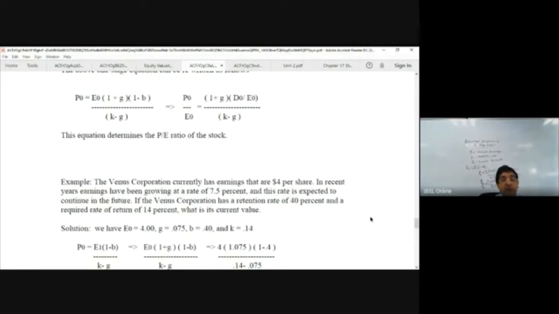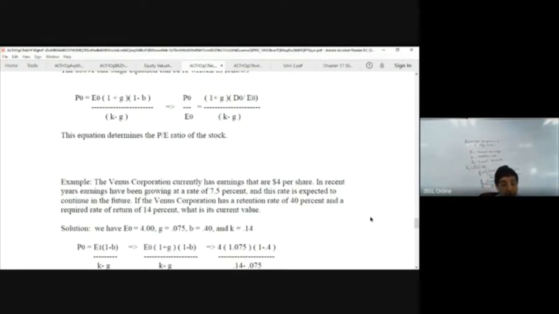If the Venus Corporation has a retention rate of 40% and a required rate of return of 14%, what is its current value? Now, a retention ratio has already been given. So how are we going to deal with that?